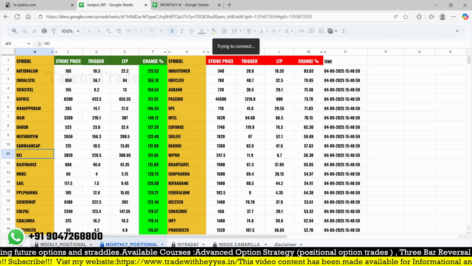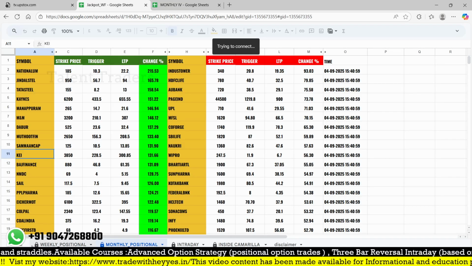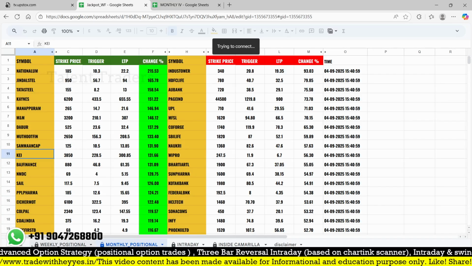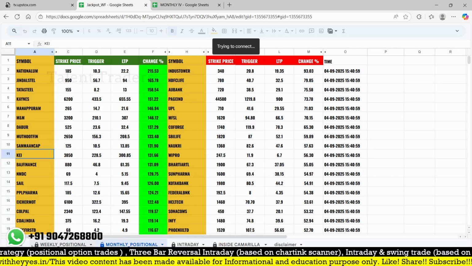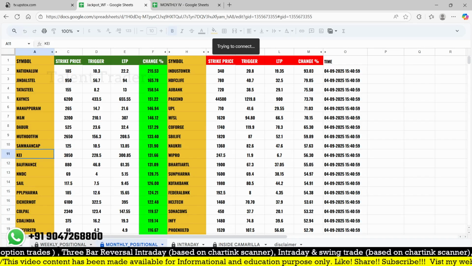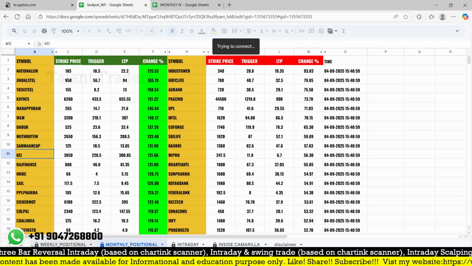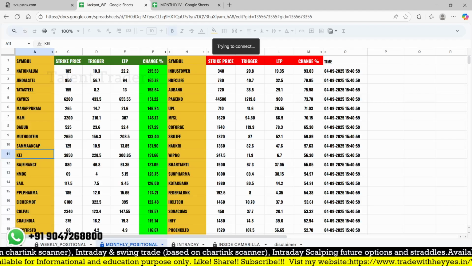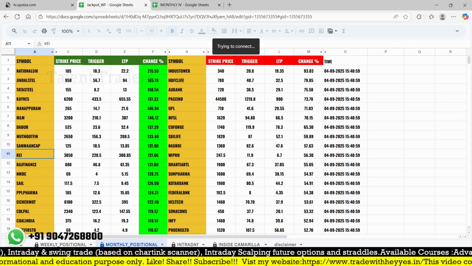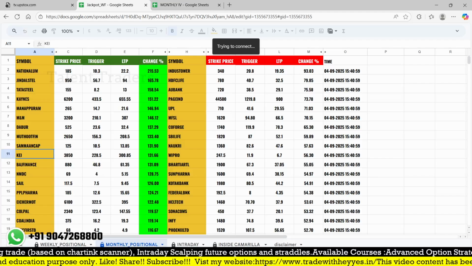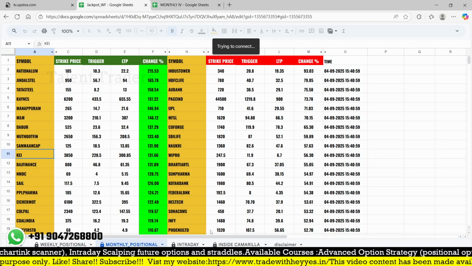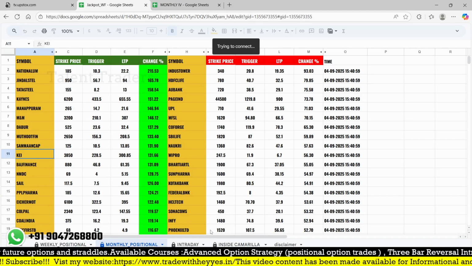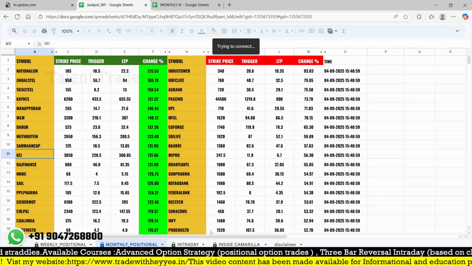Previously, we were providing it on a small charges basis, but now we have completely stopped this, and we are not providing it to any other new people because it is based on the concept and the logic which we are using, and that is helping us to find trade opportunities. So if anyone is interested to learn in more detail about the content, just ping me on my WhatsApp number, which is shown here on this video. And for any other questions or doubts, also just ping me on my WhatsApp number. It is already shown here.